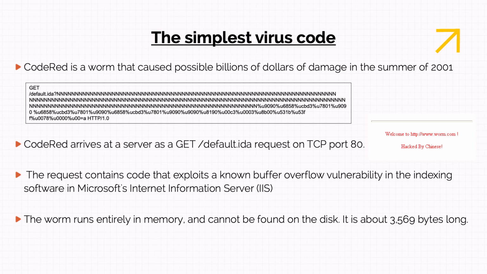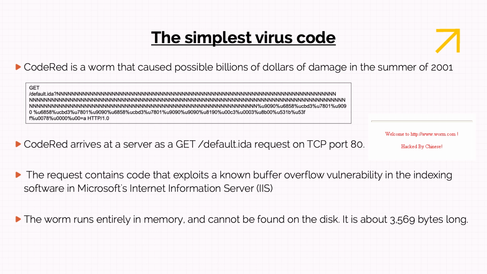After that, it launches this kind of link to a special port, TCP port 80, on IIS, which is one of the common Microsoft Internet Information Servers, the web server in the Microsoft Windows operating system.